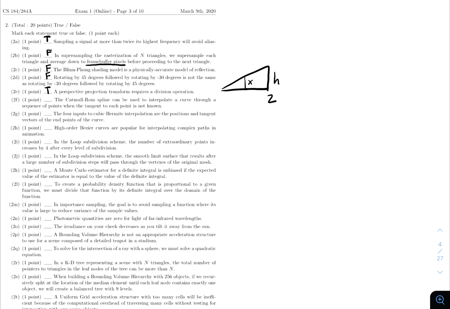And then the imaging plane or screen is at F, the focal length. So using similar triangles, the relationship here would be F over Z equals X over H. If we want to solve for the coordinates in screen space, then we can solve this equation for X and get H F over Z. And so there's a division here in Z.